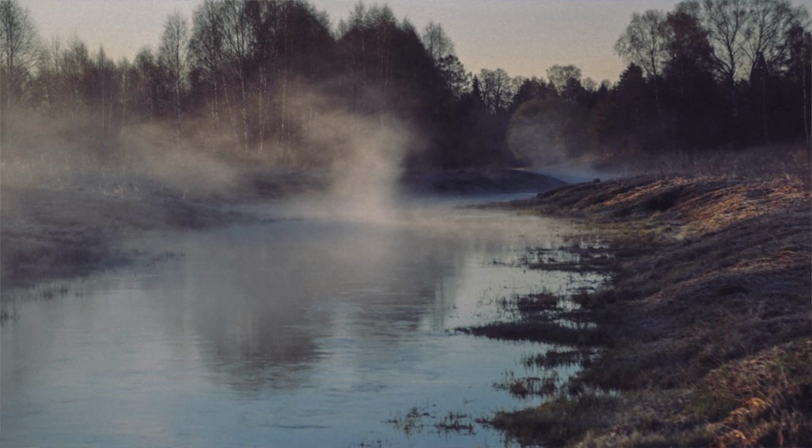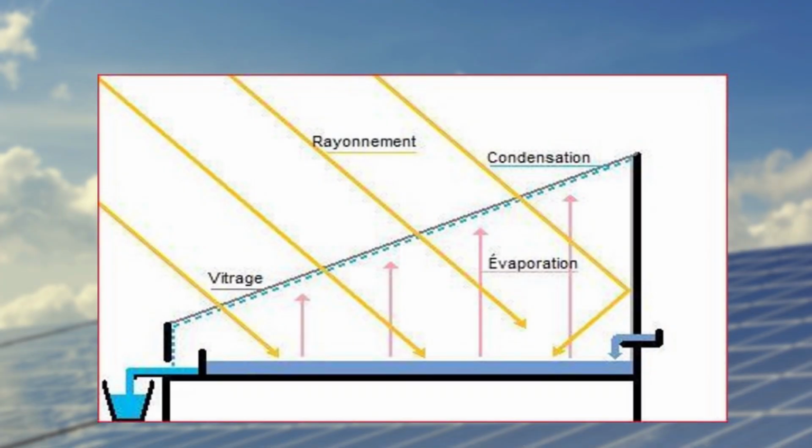Now we will discuss active solar distillation. If you explore the possibilities of increasing the daily distillate output of a solar still, you will find that the daily distillate output of a passive solar still can be increased by increasing the temperature difference between the evaporating and the condensing surface.